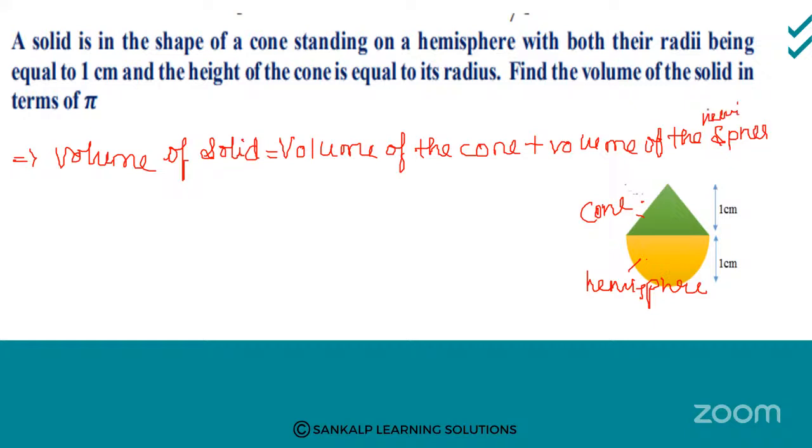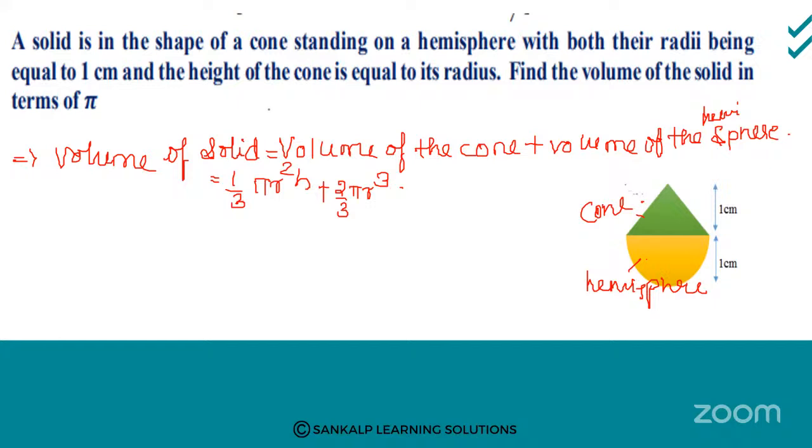Hemisphere, right? So what is the volume of the cone? That is 1 by 3 pi r square h, plus volume of the hemisphere is 2 by 3 pi r cube. Right? 2 by 3 pi r cube.